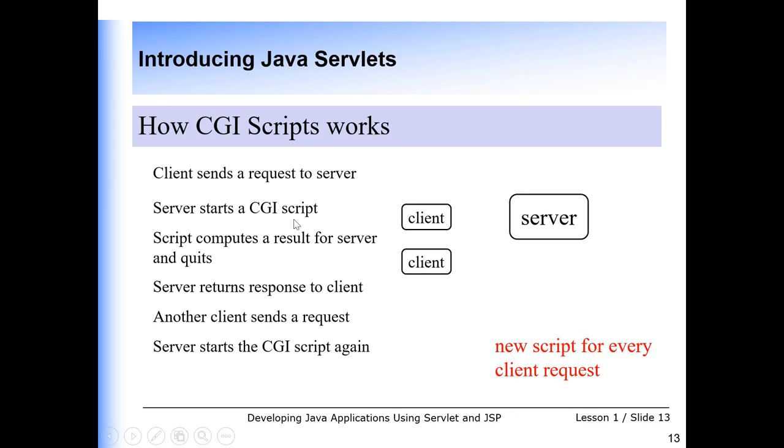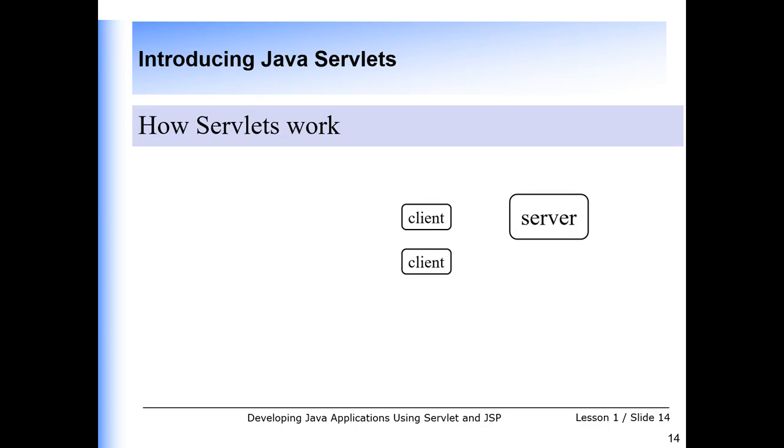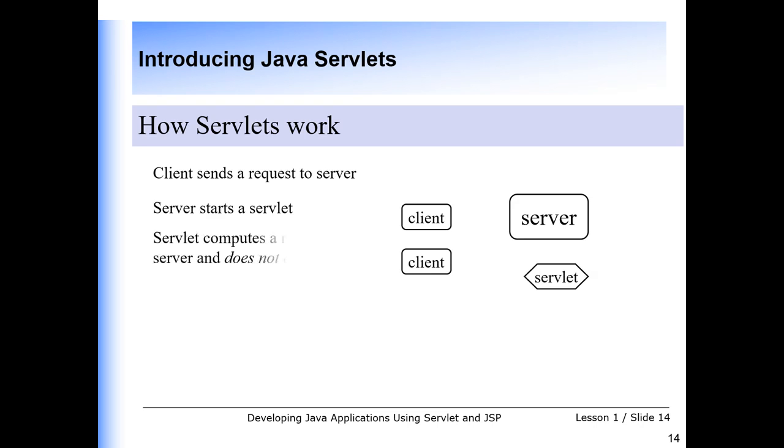Let me see how servlet works. We have client and we have server. You can see client sends a request to server. Server starts a servlet. Servlet computes a result for server and does not quit. This is the major difference between CGI scripts and the servlets program.